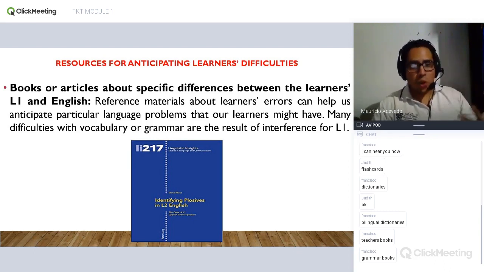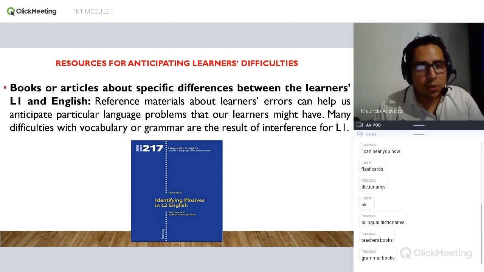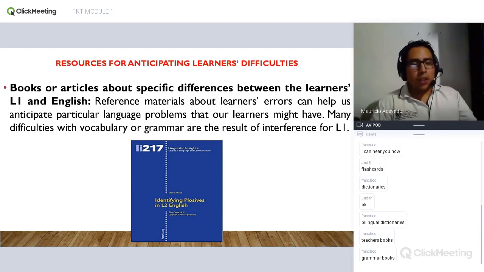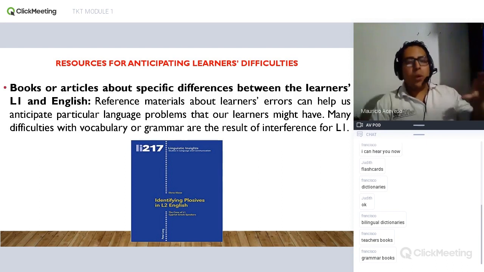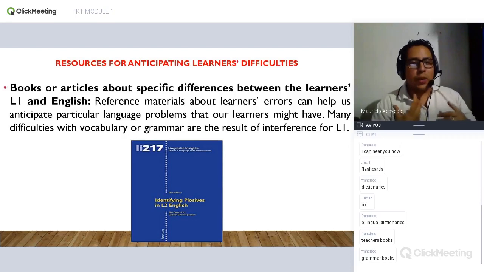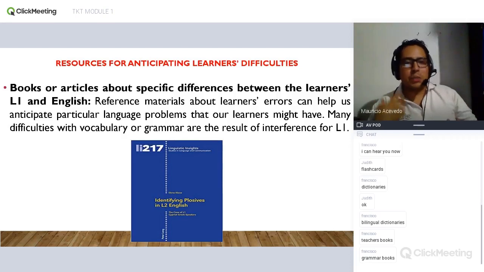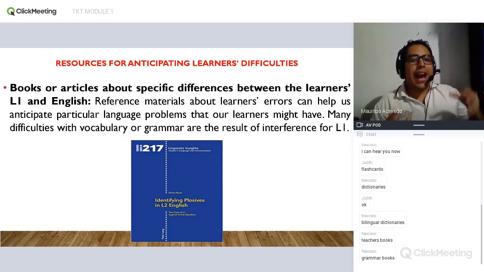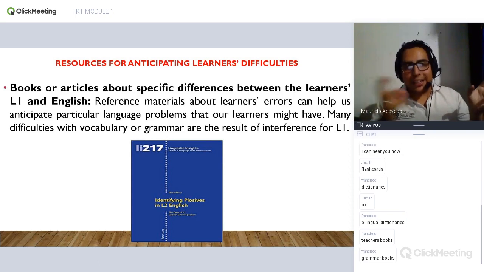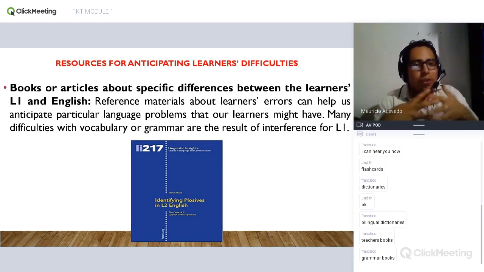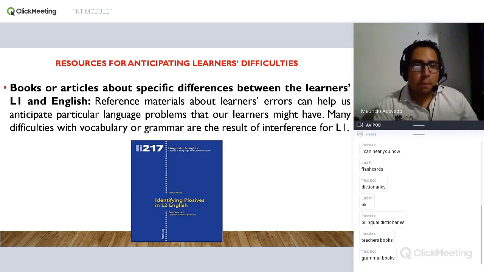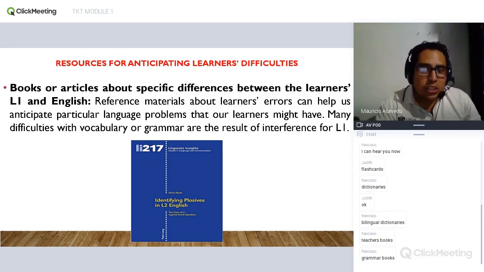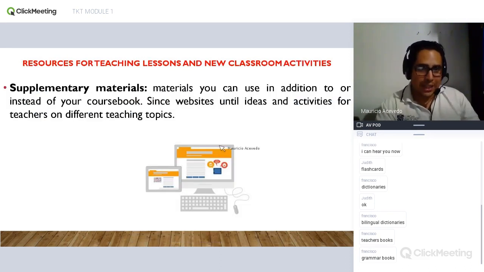Because many of students' errors come from their mother language to the second language. So we can look at books in which we can find the differences between these two languages, how to transmit without forgetting the L1, or how we can relate the two languages. This is good because we can prevent mistakes, or have many solutions if they make mistakes.